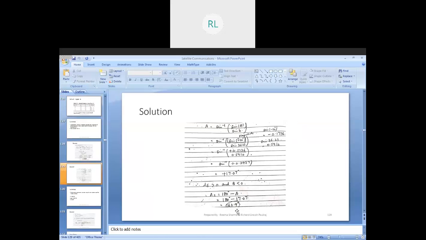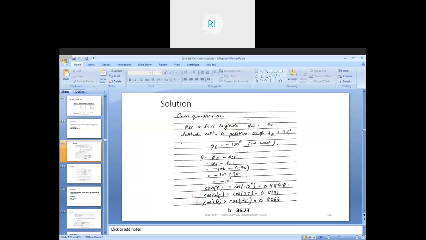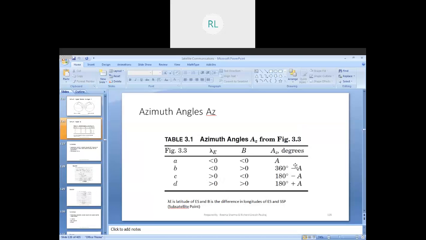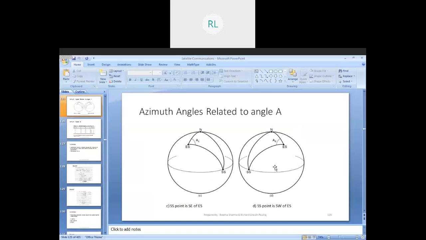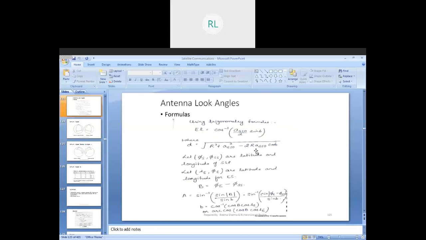And your B value is about minus 0.17, which is less than 0.